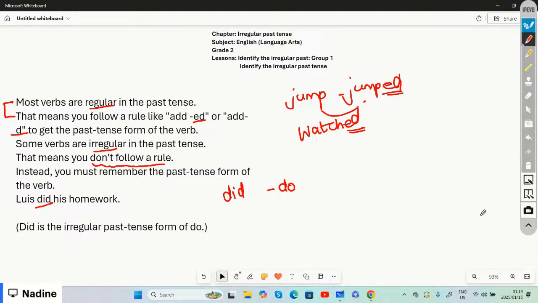All right. So once again, with irregular past tense, the wording can change anytime. So you're going to have to just remember each form of the verb.